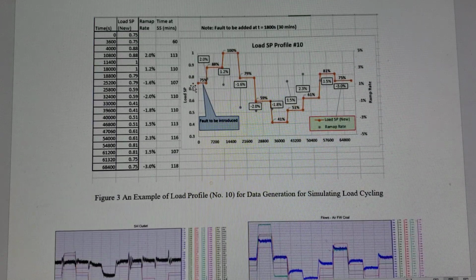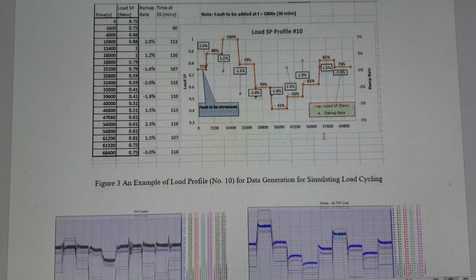We define the load from 75 to 88 to 100 and back to 79, with different load variations, using different ramping rates. With this fed into the model, you get the simulation data.